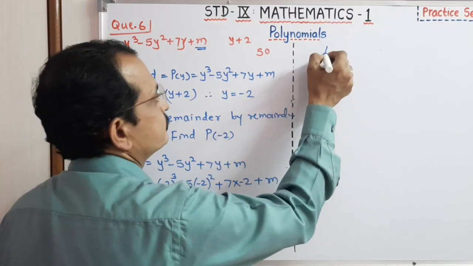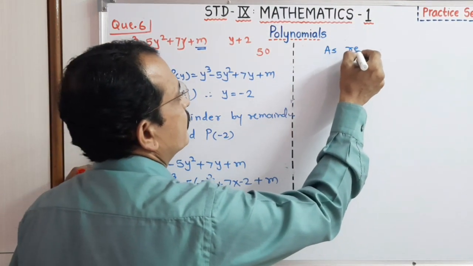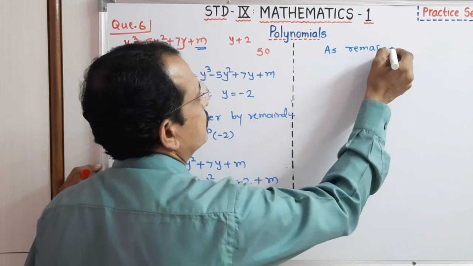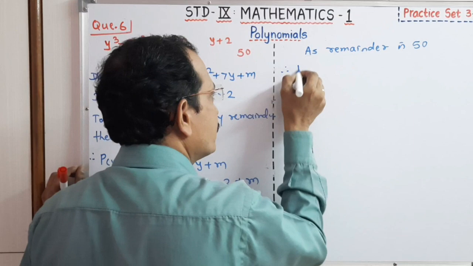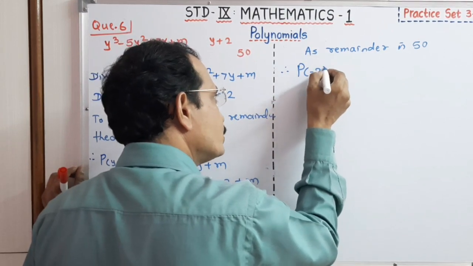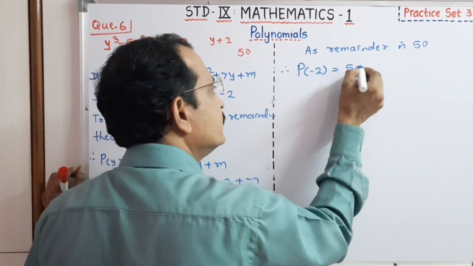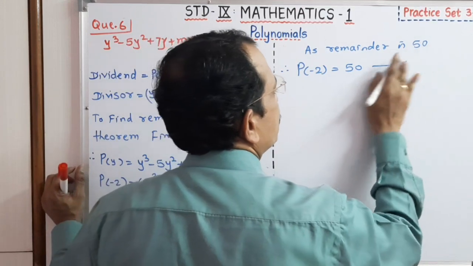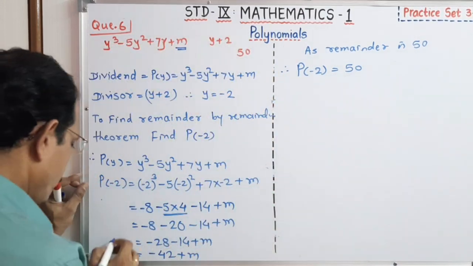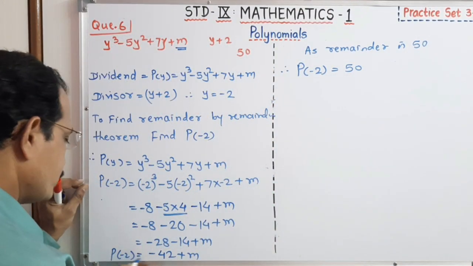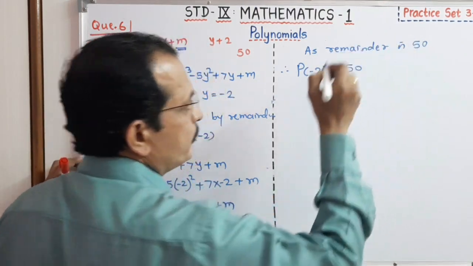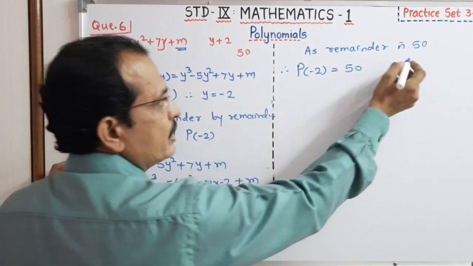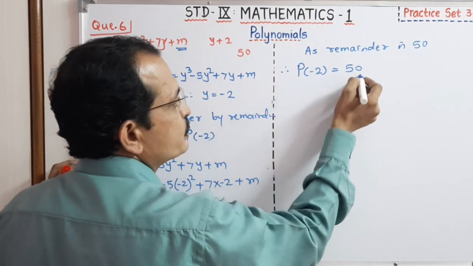As the remainder is 50, therefore P minus 2 is also 50. Got it? We got here P minus 2 is equal to minus 42 plus n. But by remainder theorem, as remainder is 50, therefore P minus 2 is 50.